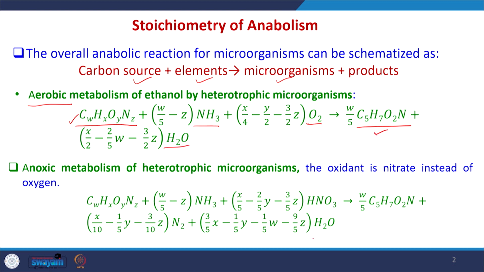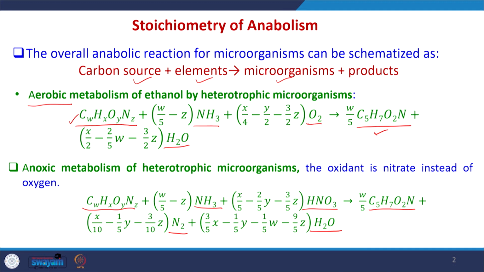In the anoxic condition, when oxygen is not available, we use nitrate along with ammonia and the carbon source, and they get converted into microorganism, nitrogen gas and water. So, in the anoxic condition nitrate gets converted into N2, whereas in the aerobic condition oxygen is used.